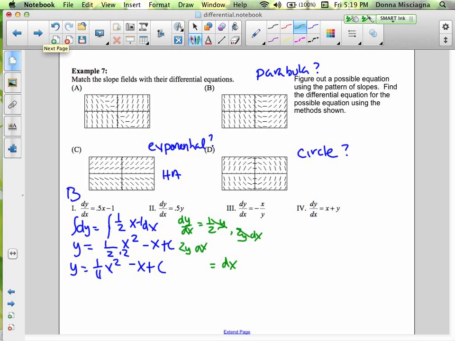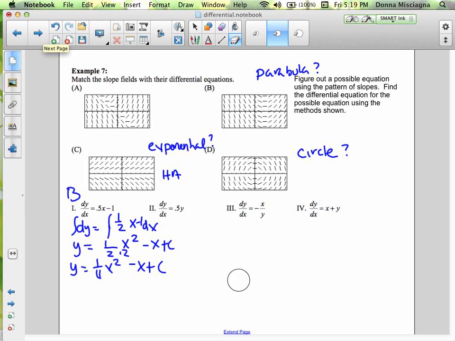On the other side, the dy will cancel, so I'm going to have, oh my goodness, I don't want 2y, I want 1 over 2y. This is what I get when I don't have enough space. All right, where am I going to solve?